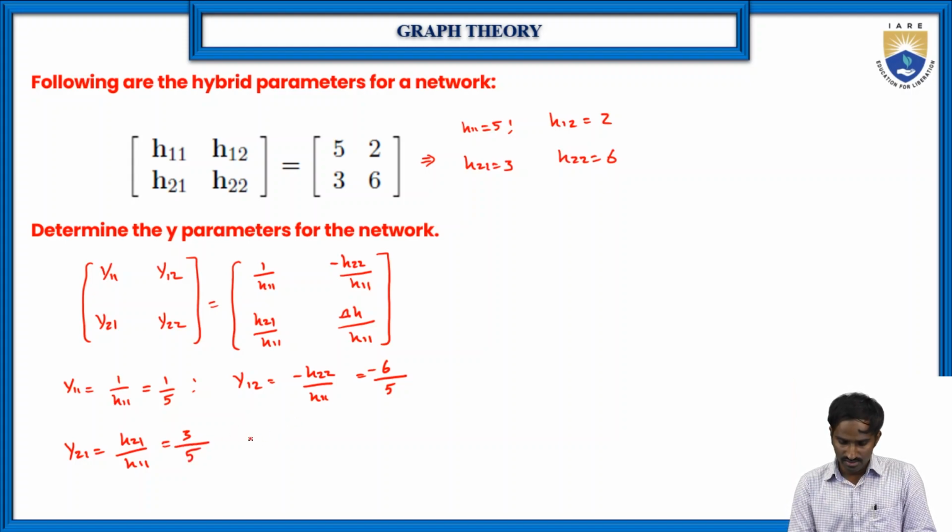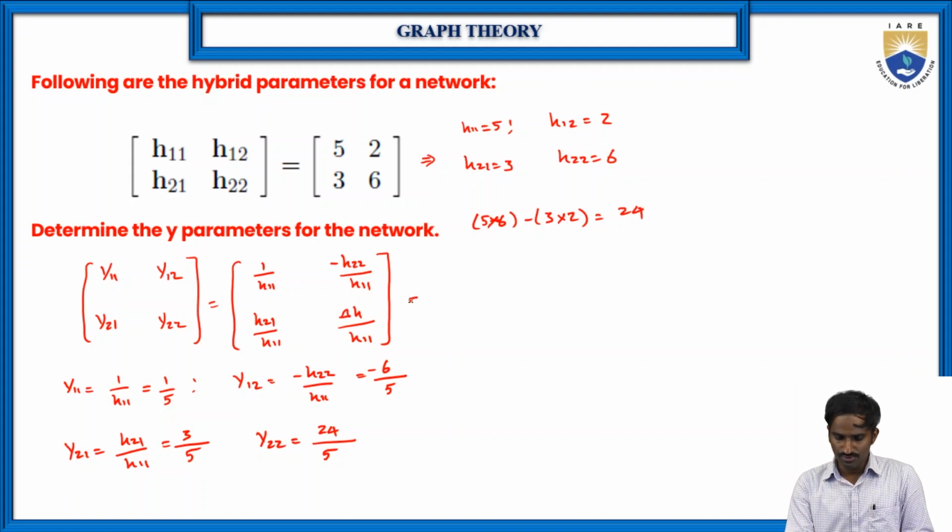Then similarly y22 is equal to delta h by h11. Delta h here is 5 into 6 minus 3 into 2. So this is 24, because 30 minus 6 is 24. Then it is 24 by h11, again 5.